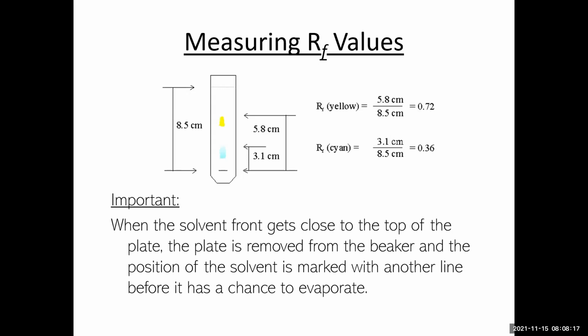Okay, a method for characterizing spots on a plate, like if we want to talk about differences in spots and mixtures, right? We calculate what we call an RF value, which stands for retention factor.